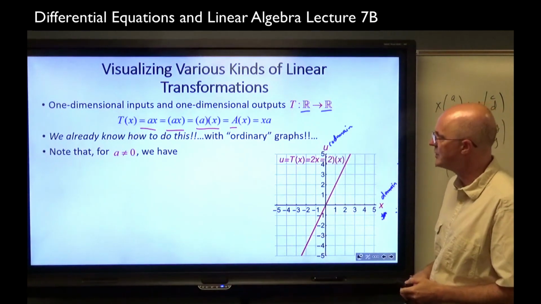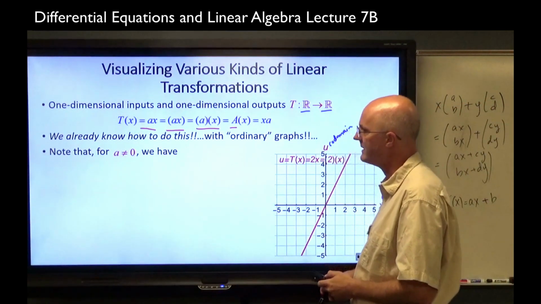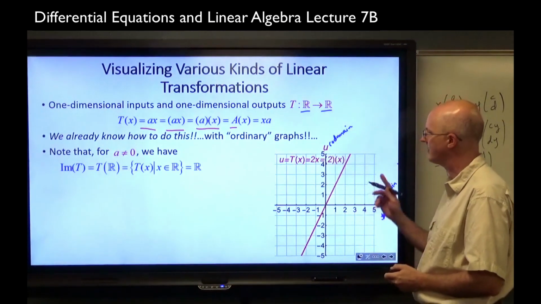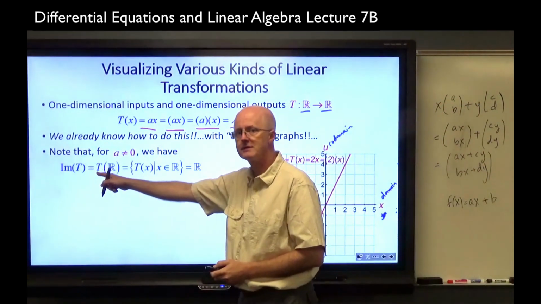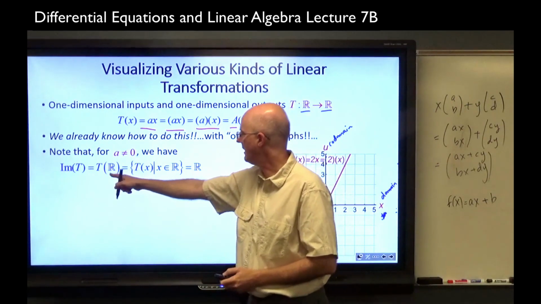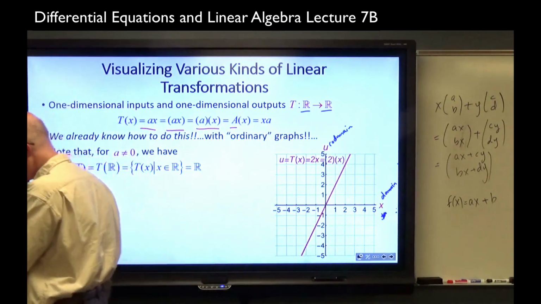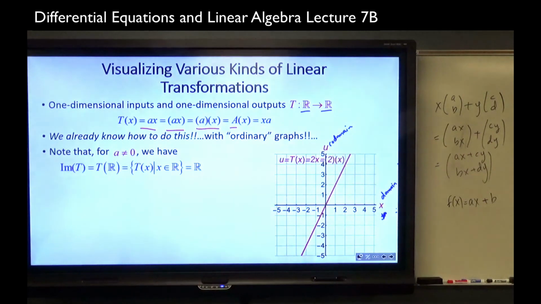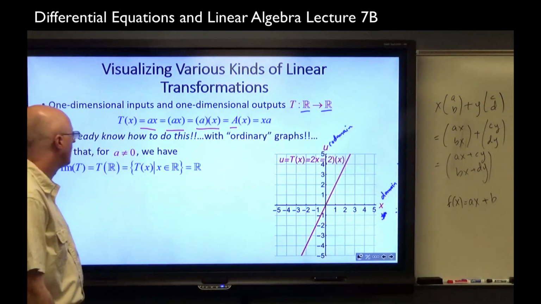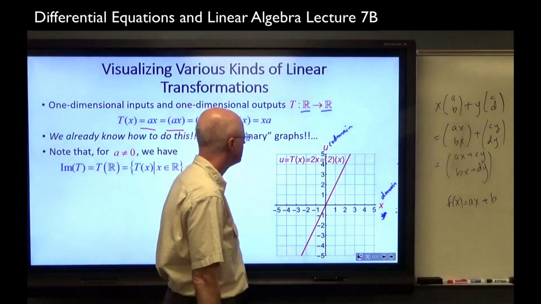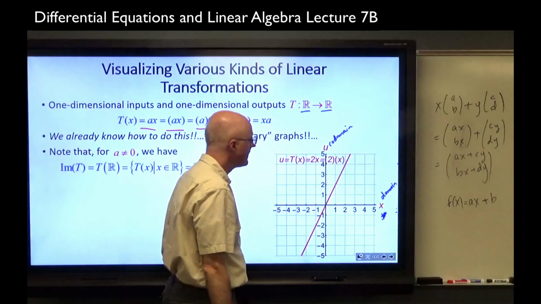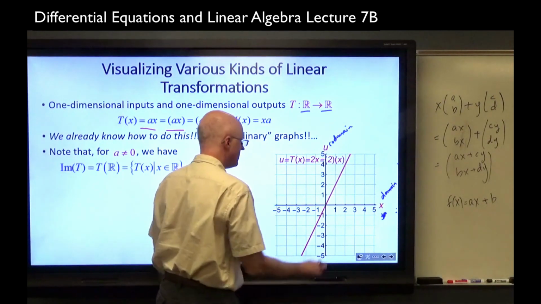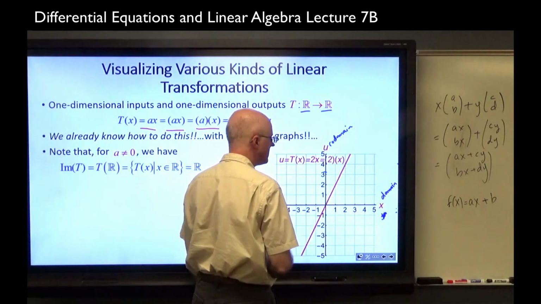A couple of new terms that you should have heard of in the past. First of all, the image of T, we introduced this notation last time. You can also think of that as T of R, the set of all outputs of this function, is all of R. Why? Well, give me any number in the codomain, like 3.2.